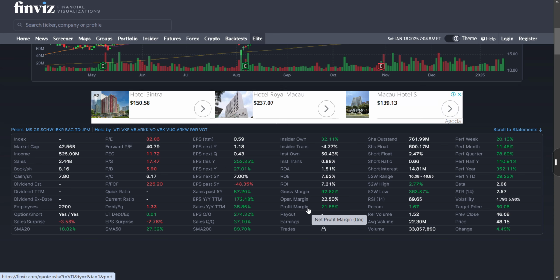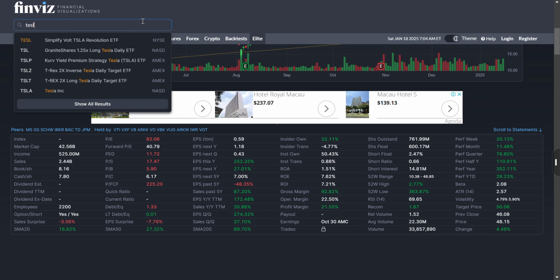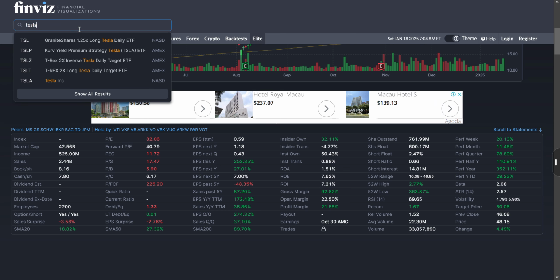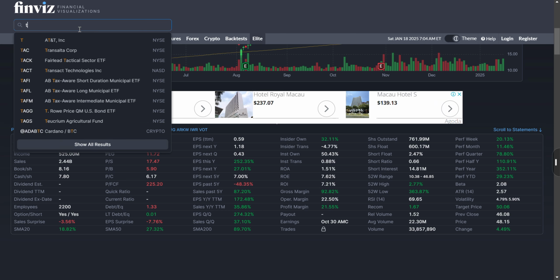The next factor probably is psychological factors that will affect investor decisions. So one example is social media. It can significantly impact stock prices. So let's say we look at Tesla, TSLA here.